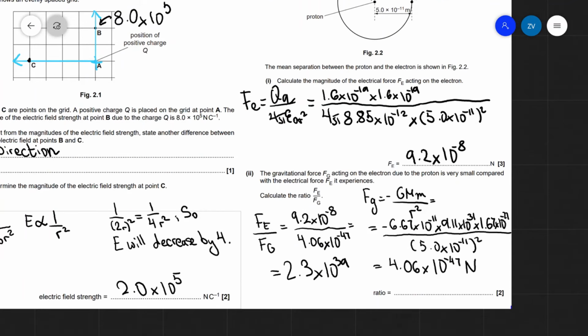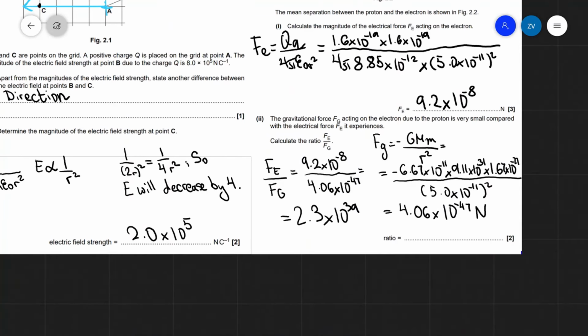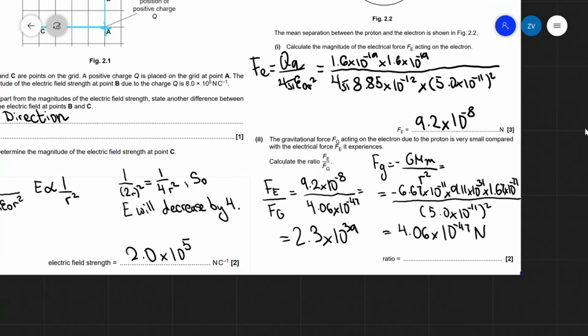And for the last one, guys, what we need to do is we need to calculate the ratio between the electrical force and the gravitational force. Now, the gravitational force is given by minus GMm over r squared. And we can see I've calculated this over here by essentially using the value for the constant G, 6.67 times 10 to the power of minus 11, multiplying that by the mass of an electron, 9.11 times 10 to the power of minus 31.